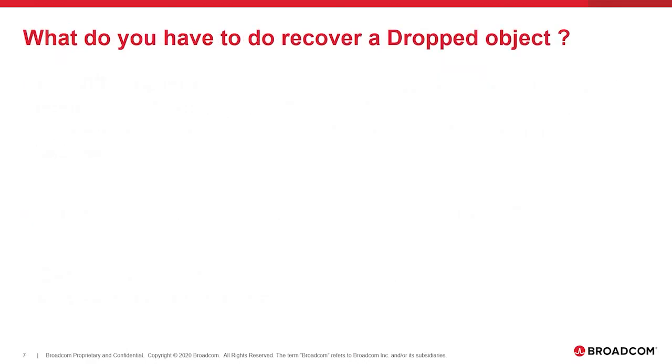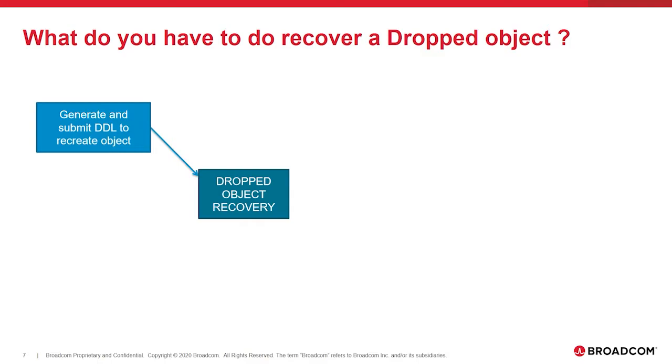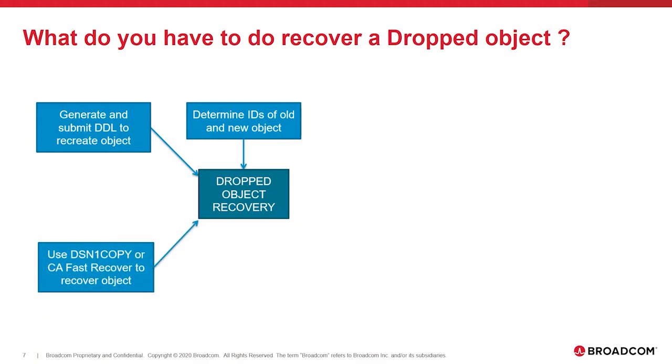What do you have to do to recover a dropped object? First, you have to recreate the object by generating and submitting the DDL. But you need to determine the ID of the dropped object on the newly created one, because the ID may have changed. You also need to generate and submit the recovery job to recover the tables from the last image copy.